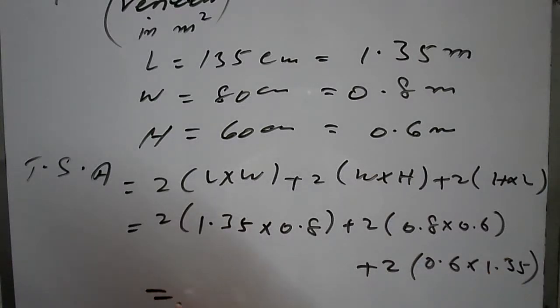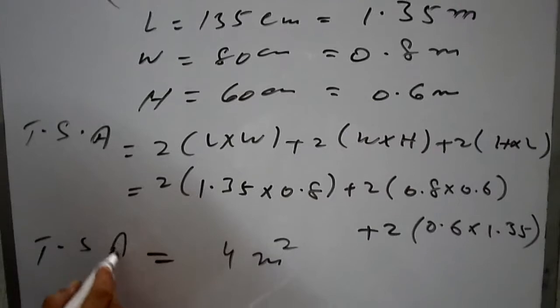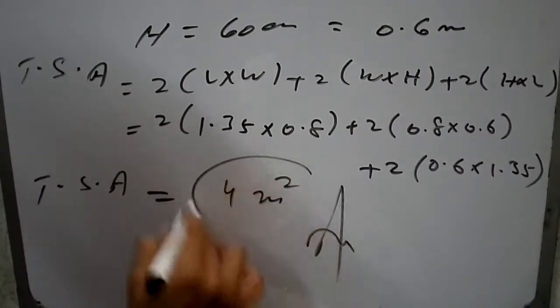After simplification, by using a calculator, you will get approximately 4 meter square as your total surface area. So that is your result.